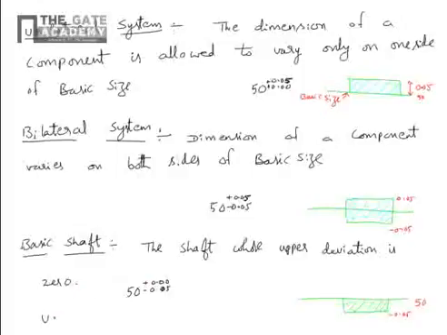So upper deviation is 0 because its upper limit is same as the basic size. Upper deviation equal to upper limit minus basic size. Upper limit is same as basic size, so upper deviation is 0. It is called basic shaft.